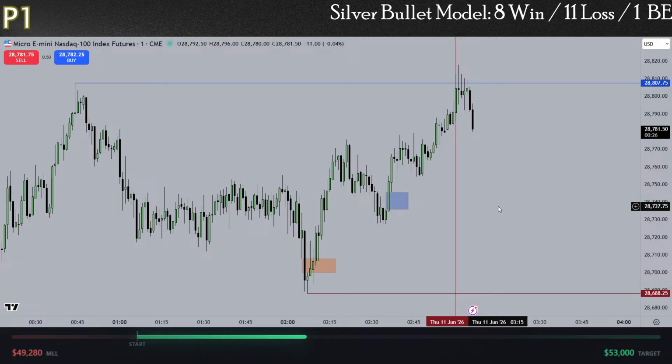Or the second scenario, I get my entry pattern, I get my model, and then it keeps on going and stops me out, right? And then it keeps on going. In that case, I was just wrong about the bias. I was just wrong about the drawn liquidity.